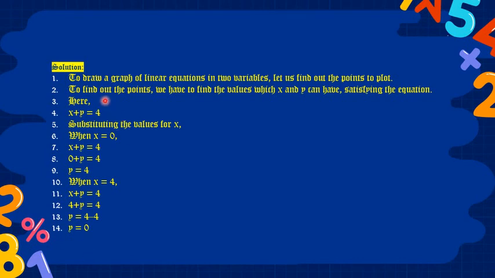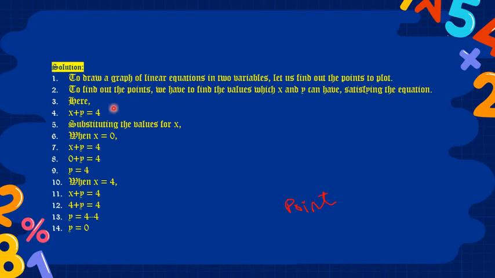Solution. To draw the graph of a linear equation in two variables, let us find the points to plot. First, we have to find the points that we have to plot.